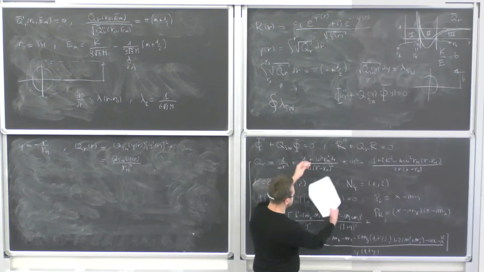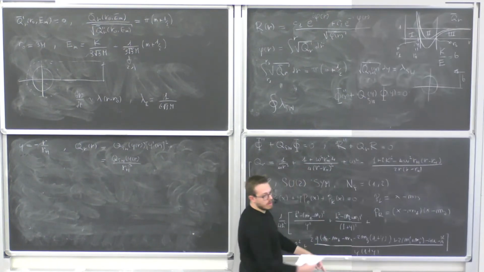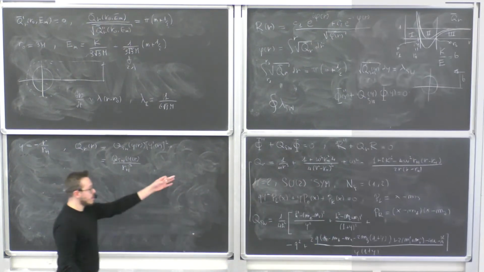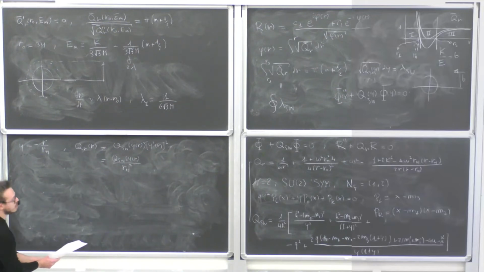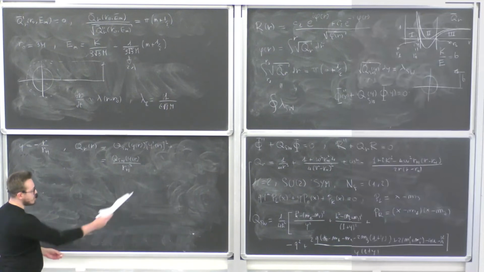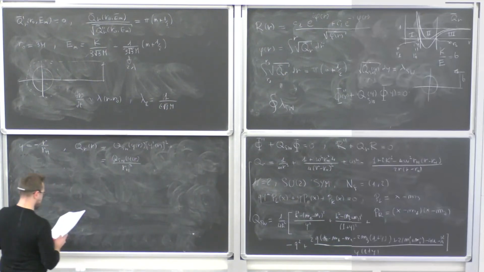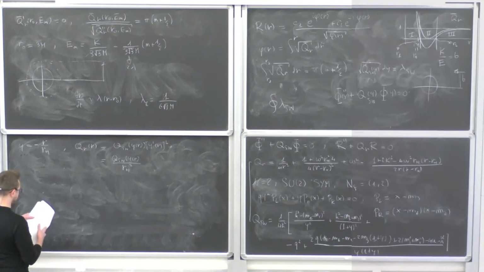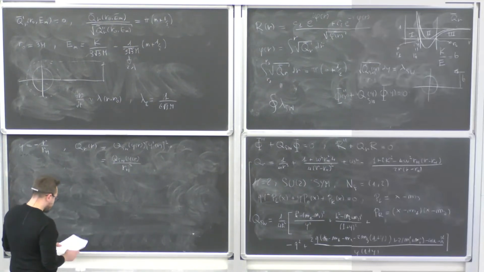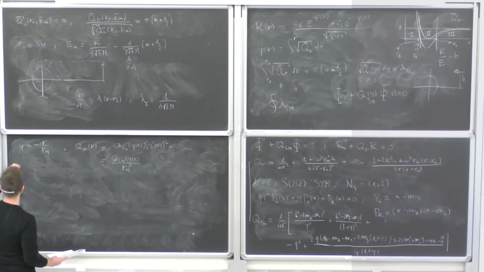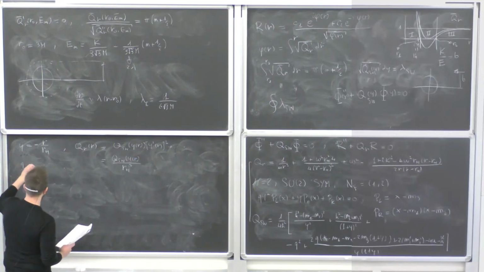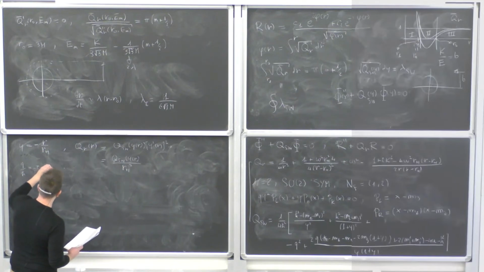And you can go on and find the appropriate dictionary between the gauge theory quantities and the gravity quantities, which is, in the case of the Schwarzschild black hole, very simple. Basically, Q over H bar is equal to minus 2 I omega RH.